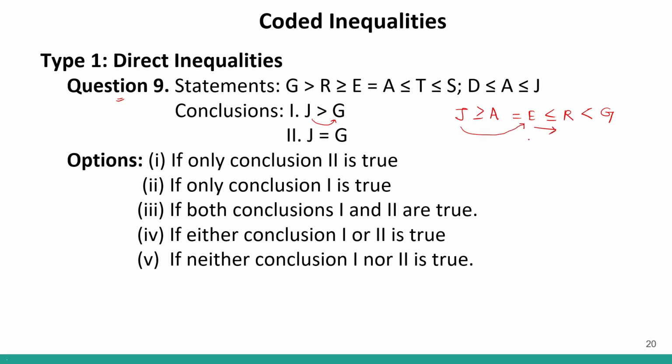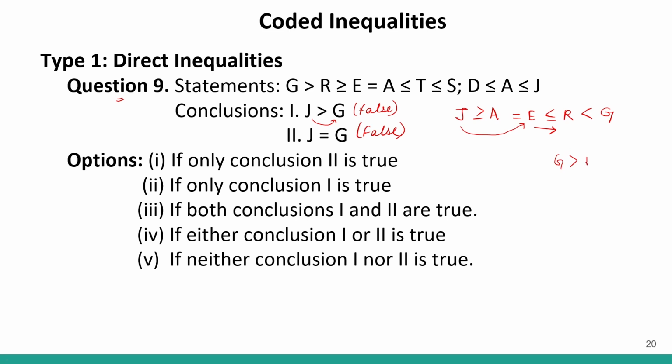If I proceed forward from J to G, I can proceed up till E. But then I cannot go forward because we don't have a bigger door. We move from a bigger door to a smaller door. So the relationship between J and G cannot be identified. So both these options will be false. We cannot determine the relationship between J and G. There are 5 possibilities.